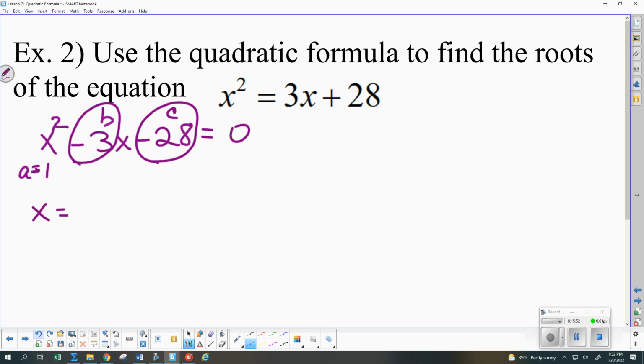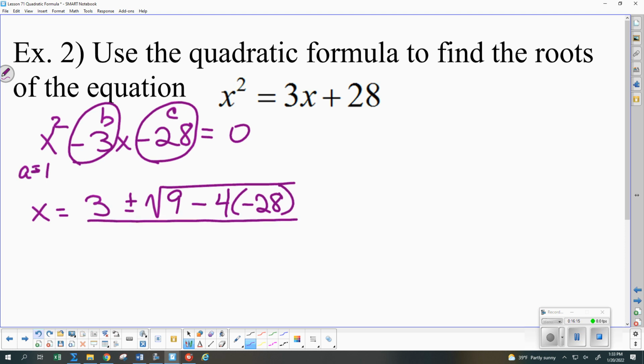X equals, the opposite of B will be positive 3, plus or minus the square root. B squared will be negative 3 times negative 3, or positive 9, minus 4. A is 1, so I don't really have to write that one down. C is negative 28, so minus 4AC, all over 2A, and again, 2 times 1, I don't really need to write the 1 down.